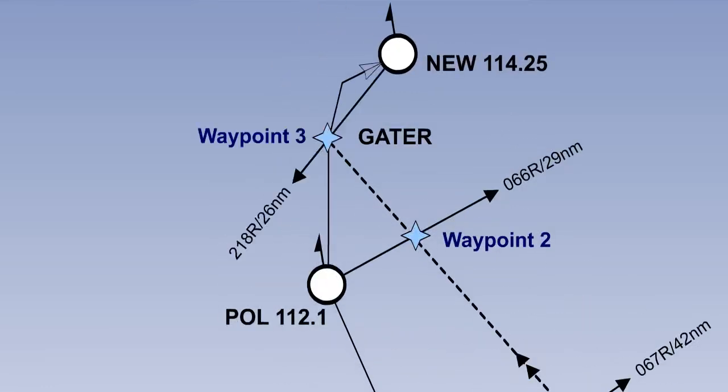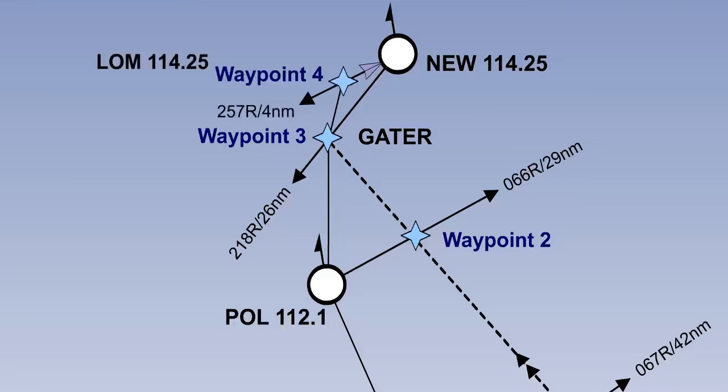Waypoint 3 is created at a bearing of 218 degrees from the November Echo Whiskey VOR DME, at a distance of 26 nautical miles. The procedure so far has brought the pilot to a point where he can now start his approach to his destination, Newcastle.